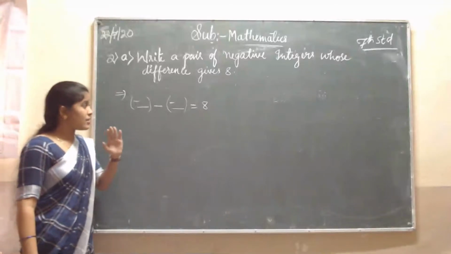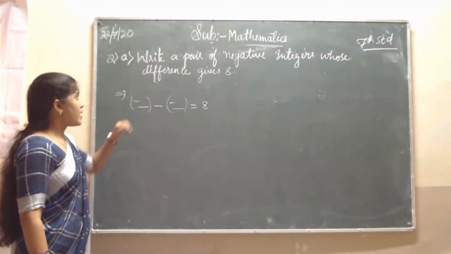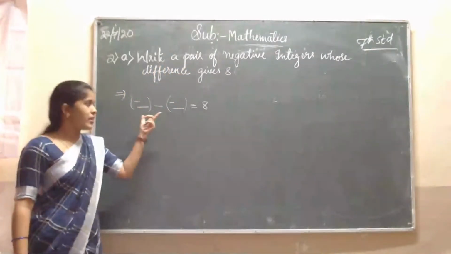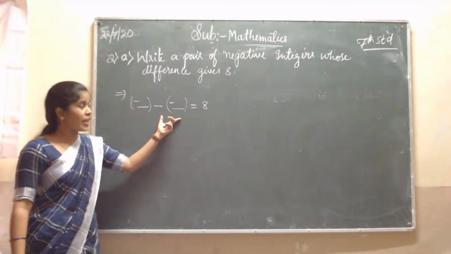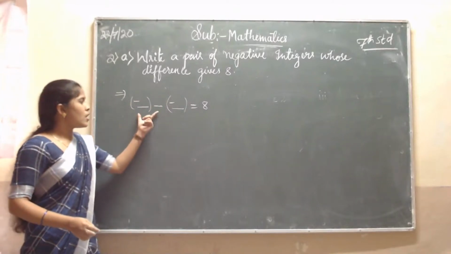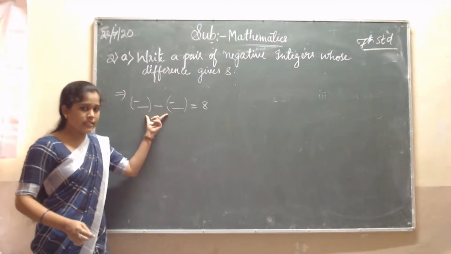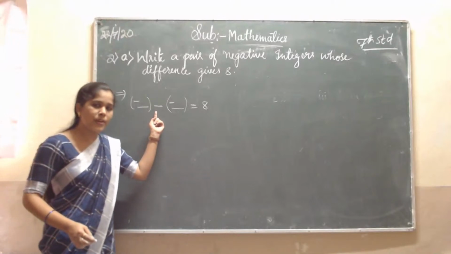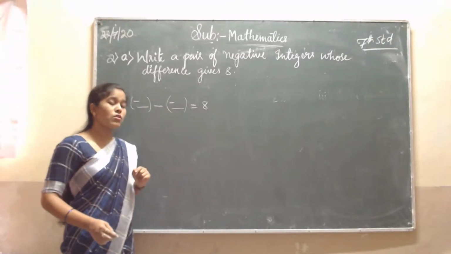Understood? Let me explain once again. Write the pair. Pair means this is one number, this is one number. There are two negative integers, minus, minus. Negative integer means minus. Two negative integers whose difference, meaning subtraction, gives 8.